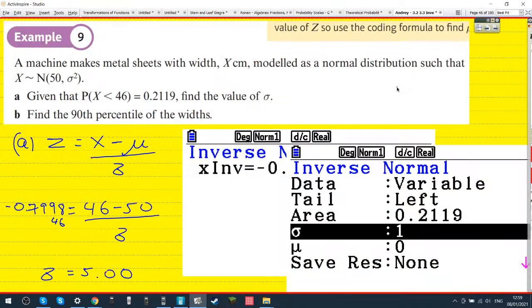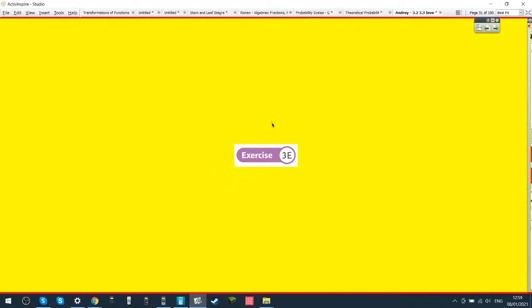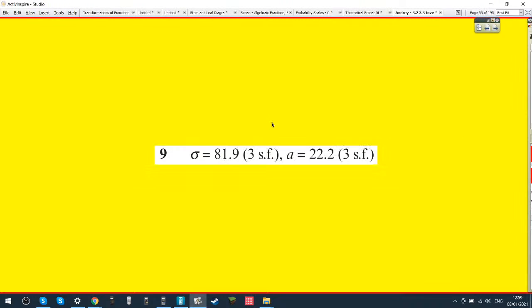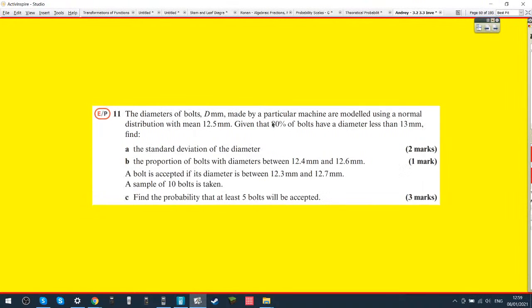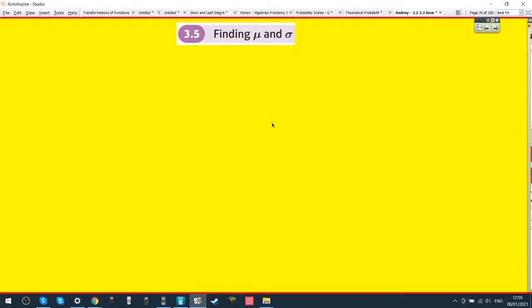Or put in Z and X and mean and solve for deviation. Or put in 2 into 1, 2 into the other, and solve simultaneously. But we're all right. And so that stuff, what do you give yourself? Probably a tick. So that's all right.